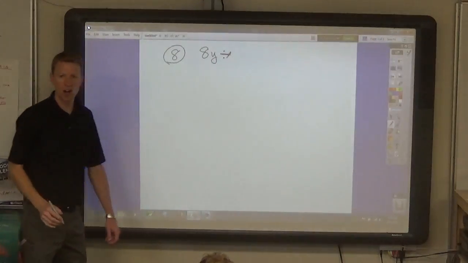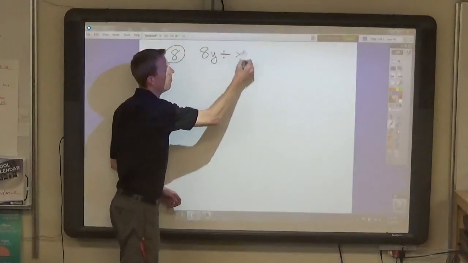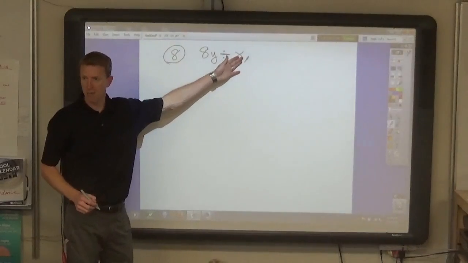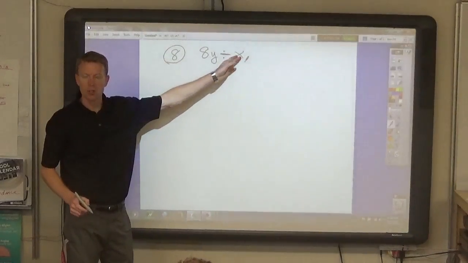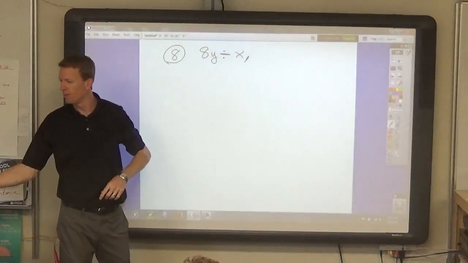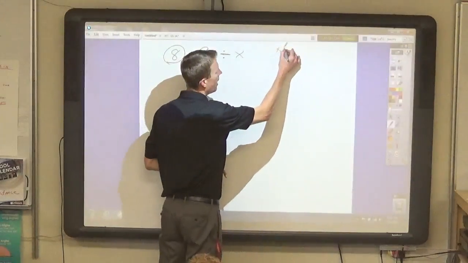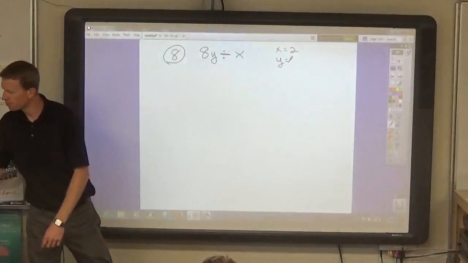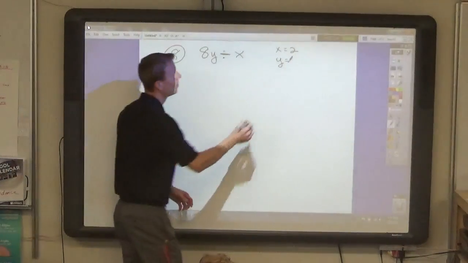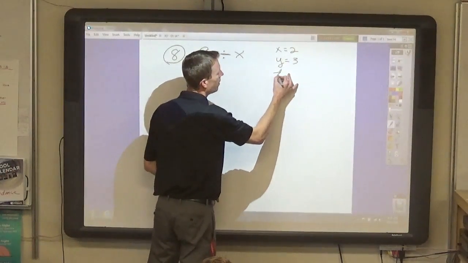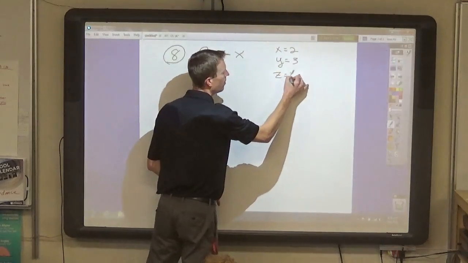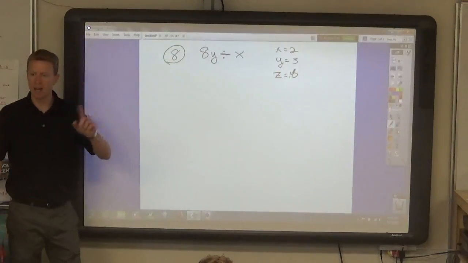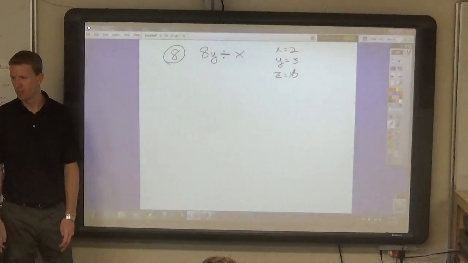Now, since all of the values for x, y, and z are the same in the whole section, you only need to write them one time. You only need to write that x equals 2, y equals 3, and z equals 10. You only need to write that one time for that section. All right?